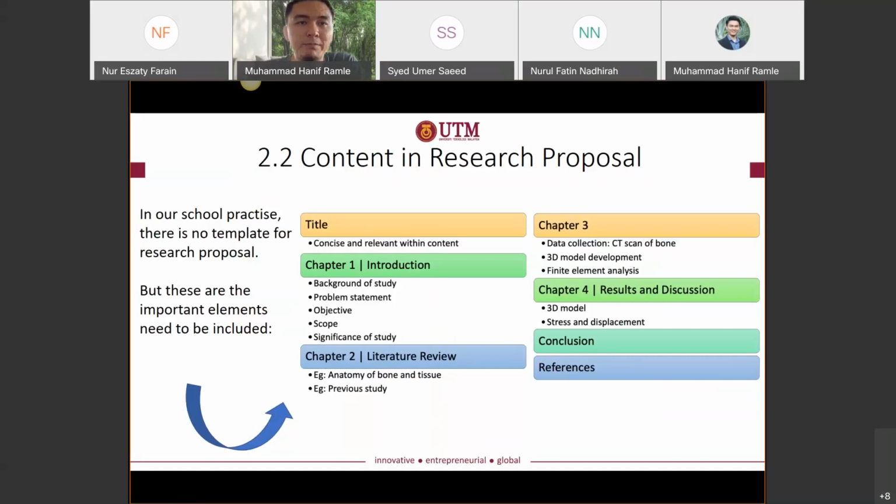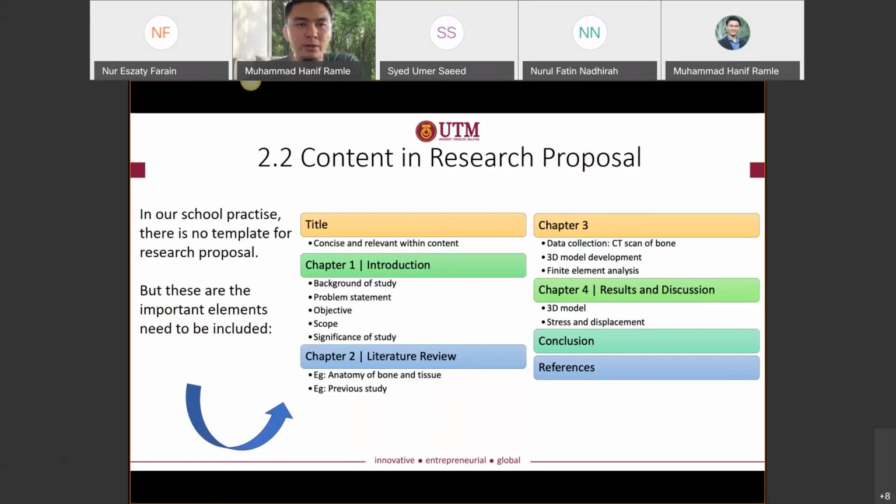So in my case, I ask my students to use the UTM thesis template to prepare the research proposal. You can get it from the internet. Maybe I can share the link later after this session, so you can download the UTM thesis template and use it to prepare your proposal.